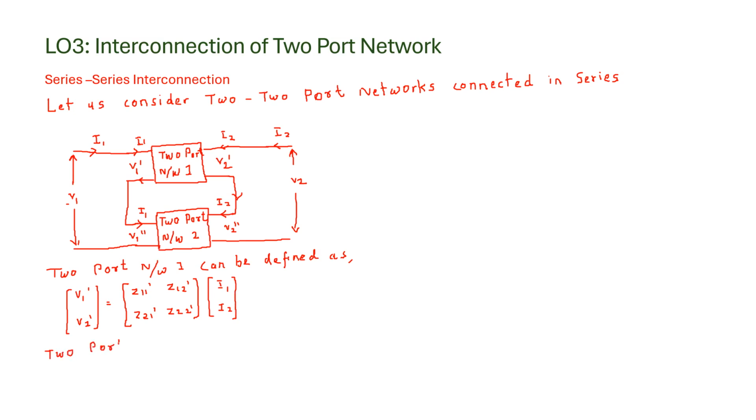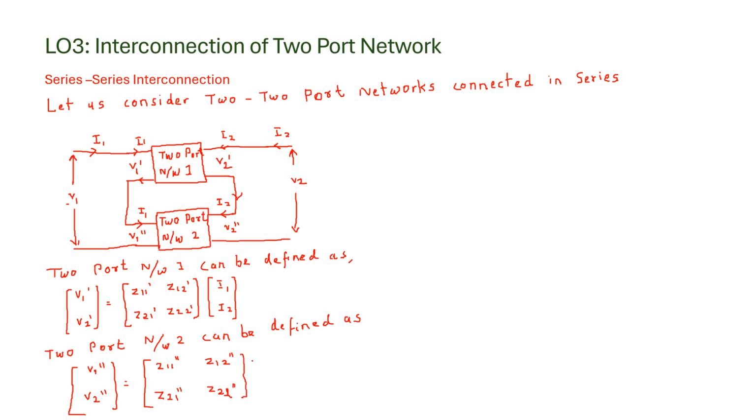Similarly, two-port network 2 can be defined as V1 double dash, V2 double dash equal to Z11 double dash, Z12 double dash, Z21 double dash, Z22 double dash, and we will have same currents I1 and I2.